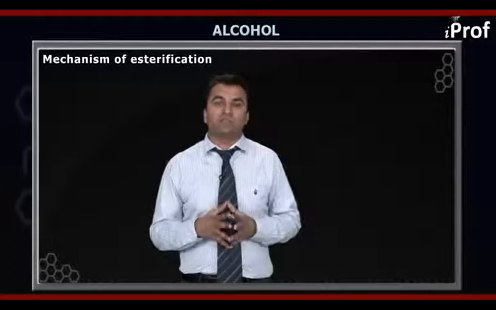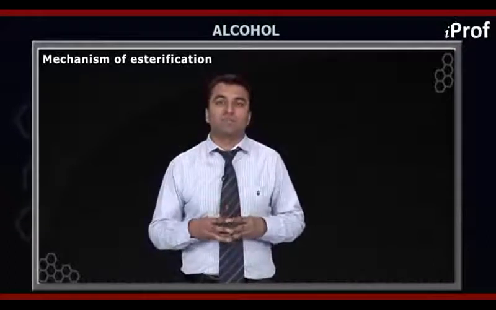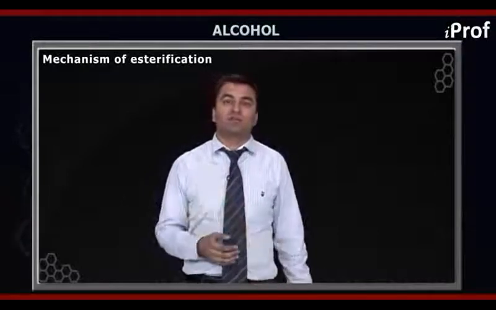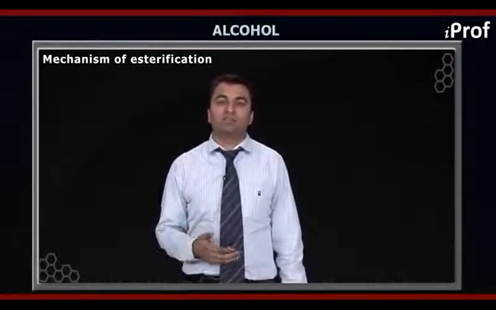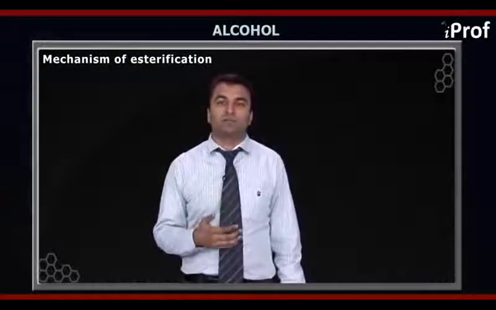Now the next question is about the stability of this C positive charge. After this step, the nucleophile, which is the lone pair of the oxygen atom in the alcohol, attacks the C positive carbon.